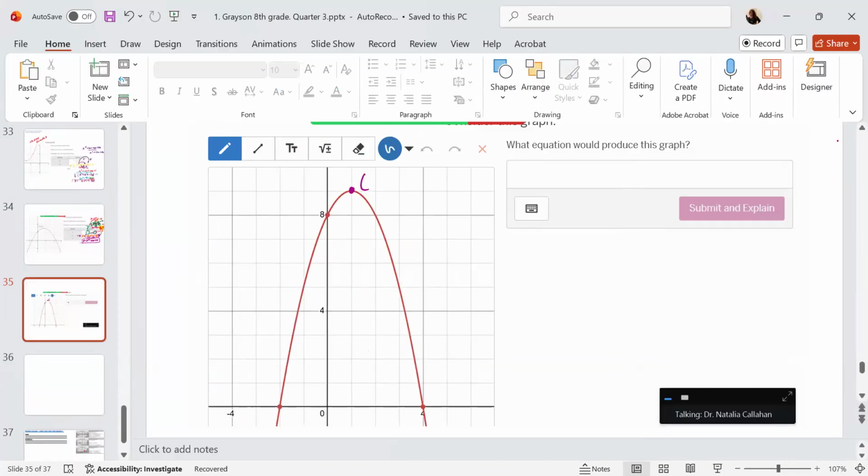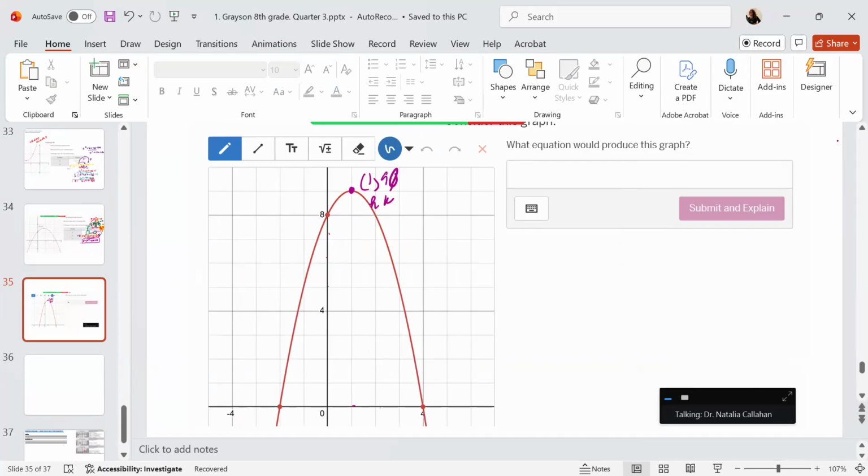The vertex. It looks like it's going by ones, 4, 5, 6, 7, 8, correct? Is that a 2? Oh, no, that's a 4, right? So 1, 2, so it's just 1, right? And then this is 9. This is H and K, correct?